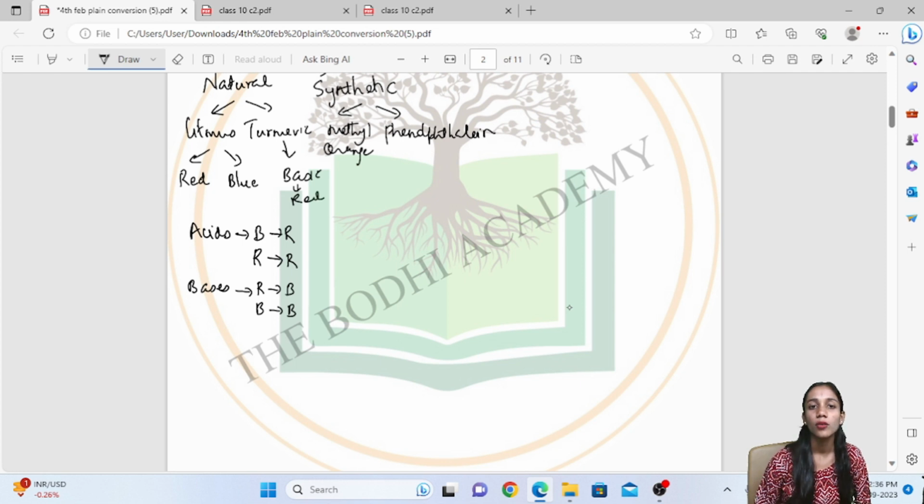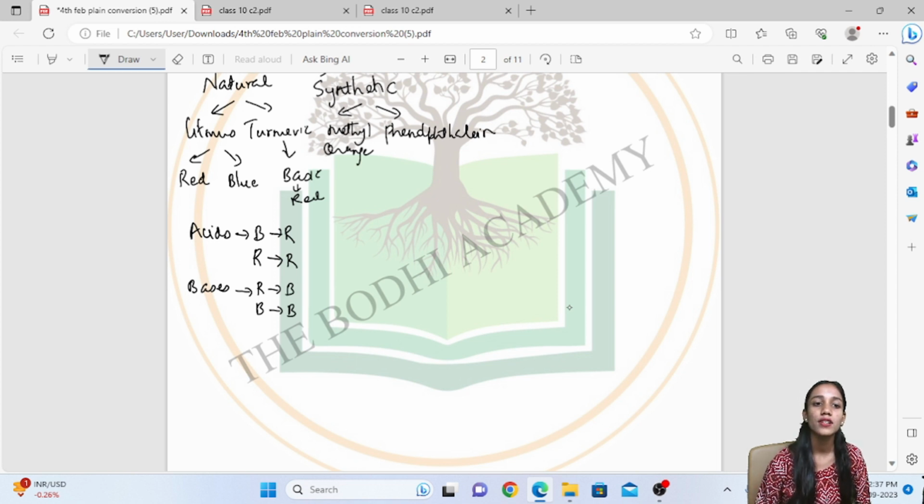Now how do we see this on a daily basis? If there is a curry stain on a white cloth, or any cloth, by chance, and you try to wash it using normal soap, what happens to it? The curry stain becomes red. You will feel that the stain will go after applying soap, but it becomes red.